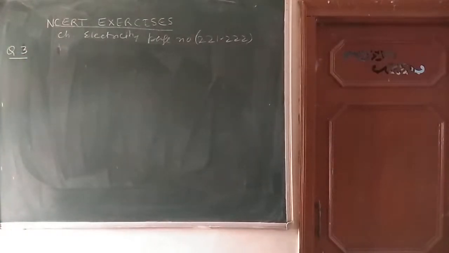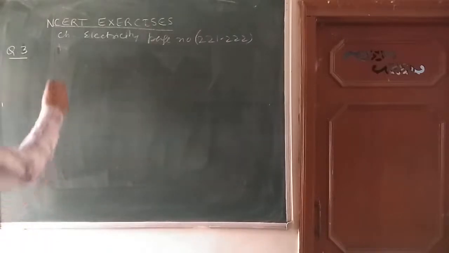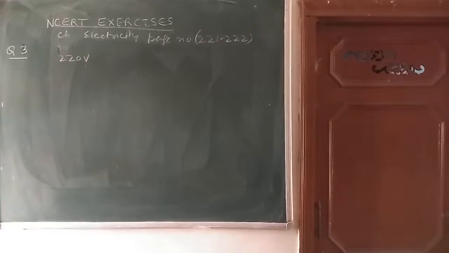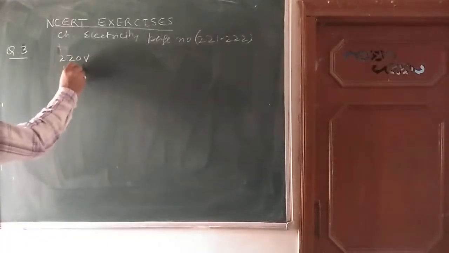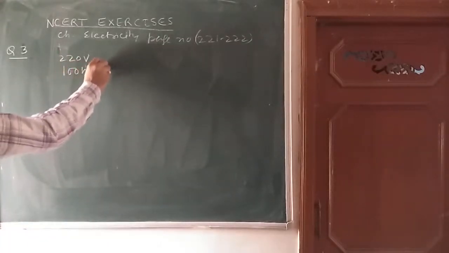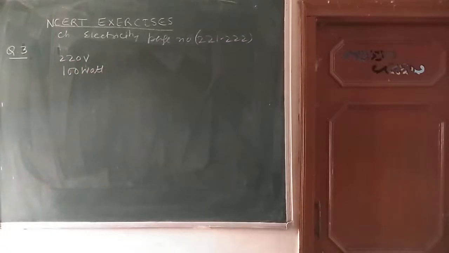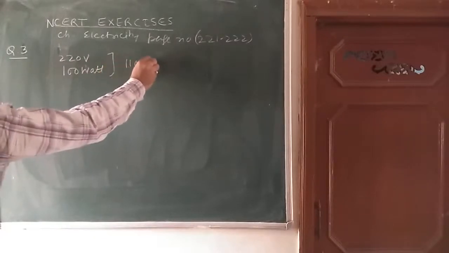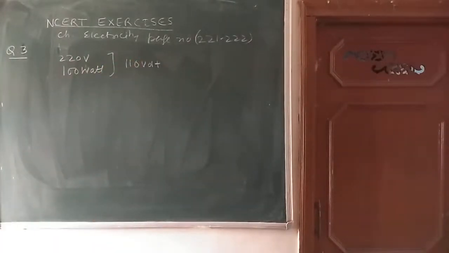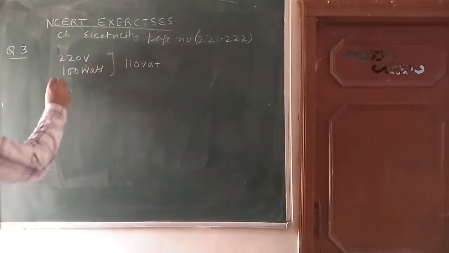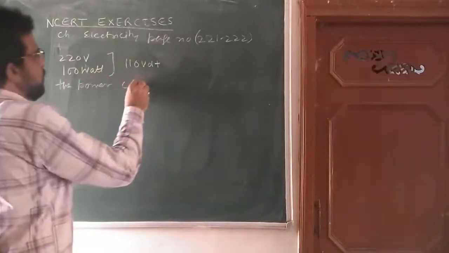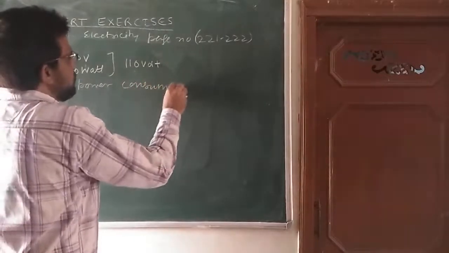Read it. An electric bulb is rated 220 volt and 100 watt. When it is operated on 110 volt, the power consumed will be, that we have to find out.